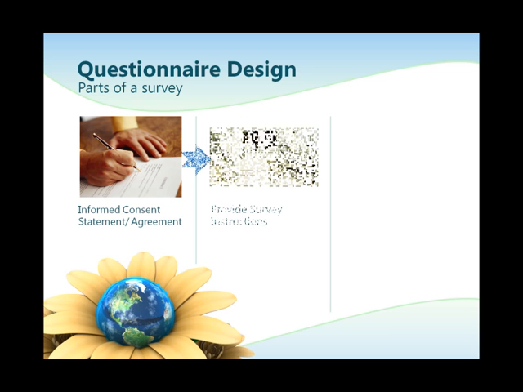The second part of your survey is that you need to provide survey instructions. You need to make sure that while you're trying to simplify the process, you're not treating your respondents like simpletons. In general, providing clear instructions about what the respondent is supposed to do at the very beginning and also at the beginning of each section will accomplish three things.